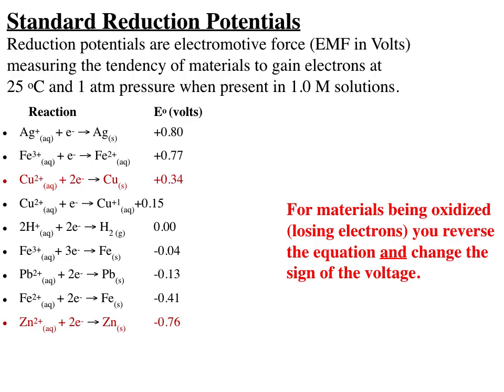This slide lists the standard reduction potentials of various materials. This list is by no means exhaustive. Scientists have rated the reduction potential of a wide variety of substances, metals, nonmetals, aqueous phase materials, all sorts of things have been studied to determine these values.